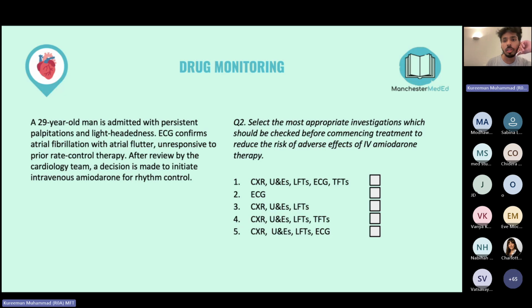For AF, I've put in the previous slide that you can find it under the arrhythmia section for the treatment summary. For the digoxin, it doesn't tell you anywhere.